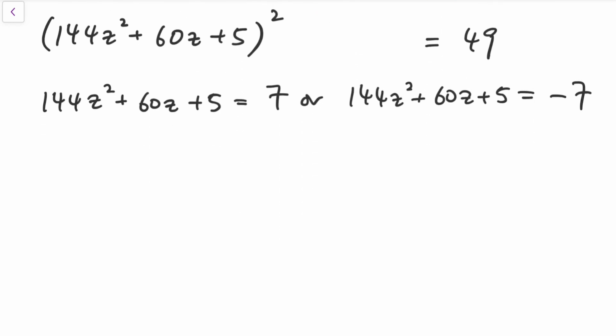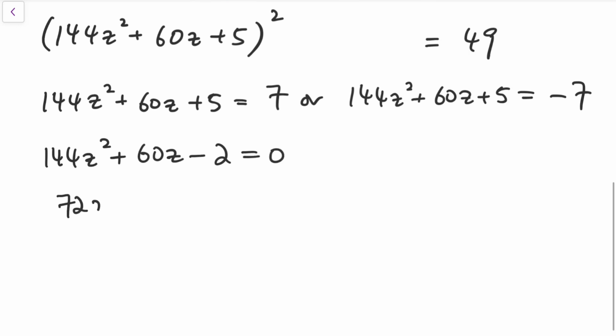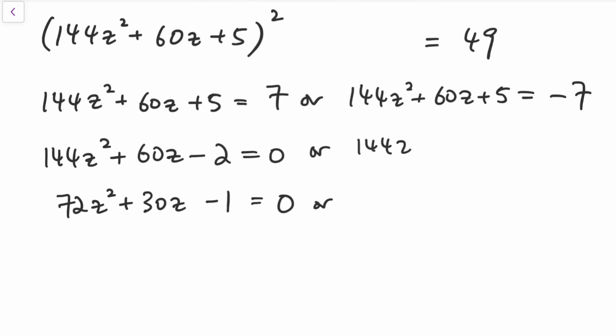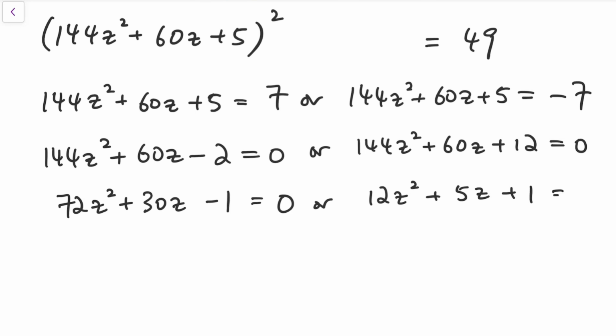So now we're just solving some quadratic equations. For the first one, we have 72z² + 30z - 1 = 0, or for the other one, we have 12z² + 5z + 1, which is also equal to 0.